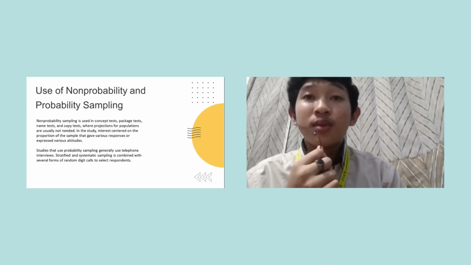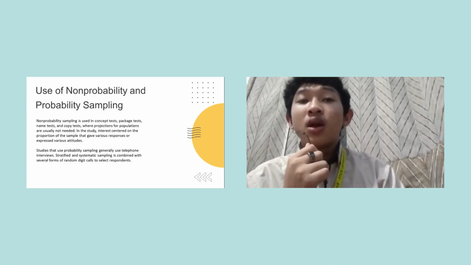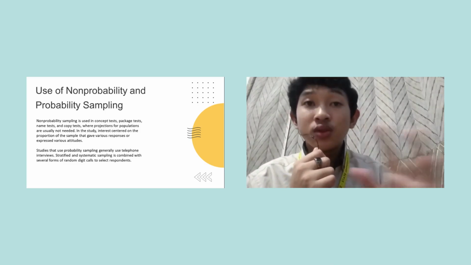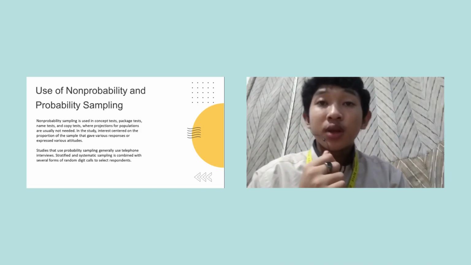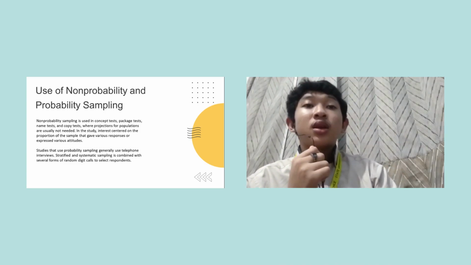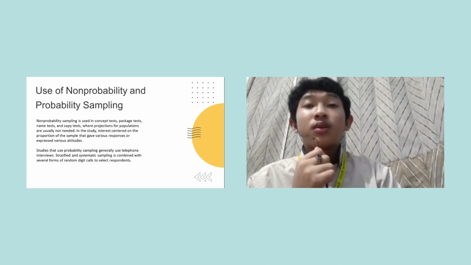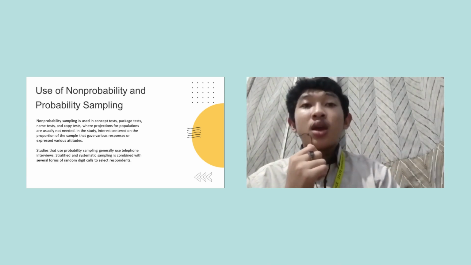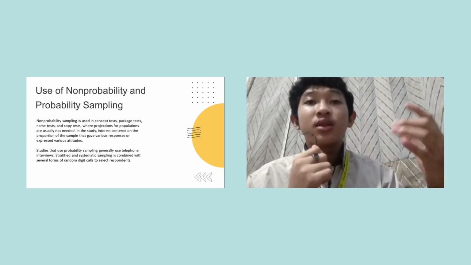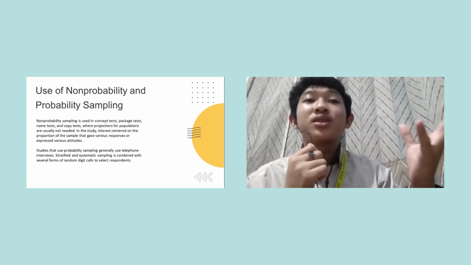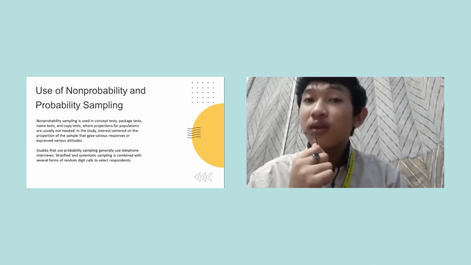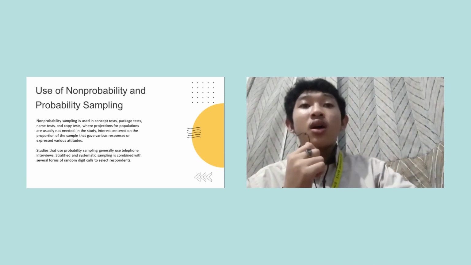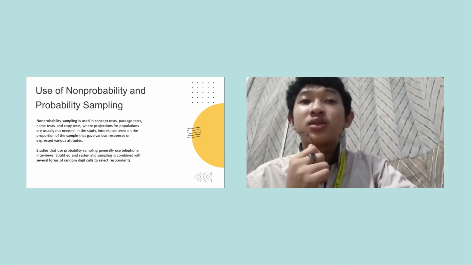Use of non-probability and probability sampling. Non-probability sampling is used in concept tests, package tests, name tests, and copy tests, where projections to populations are usually not needed. In these studies, interest centered on the proportion of the sample that gave various responses or expressed various attitudes.